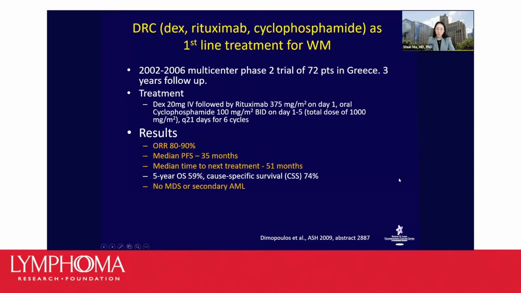And it's generally a well-tolerated regimen. In the short-term follow-up, they did not observe any secondary bone marrow disease, such as myelodysplastic syndrome, MDS, or secondary acute leukemia. So it's a well-tolerated regimen, and usually we use that for older patients when chemotherapy combination is being considered.